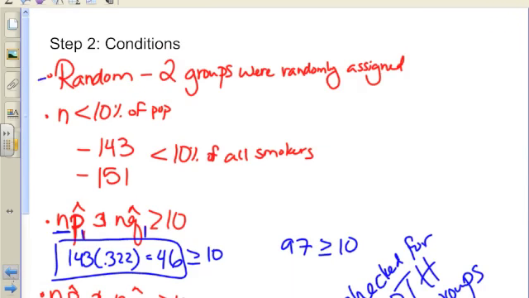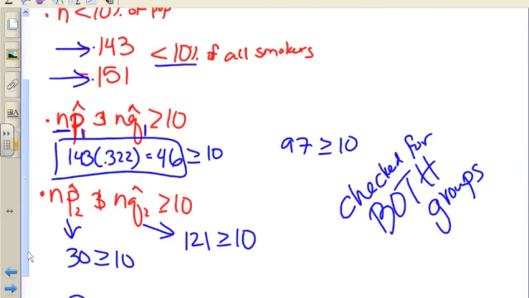We verified that the sample had randomization. The two groups were randomly assigned. We noticed there were two different sample sizes, group 1 and group 2, but they were both less than 10% of all the smokers. And the last thing we did was check our np's and nq's. In this case, we have to go with np hats and nq hats because all we have is our sample data.